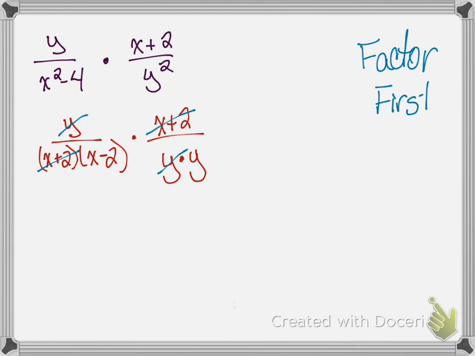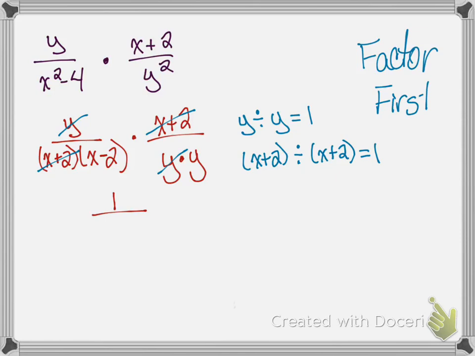But what I have done is I have actually said y divided by y, and x plus 2 divided by x plus 2. When I divide something by itself, what do I get? 1. So 1 is left in the numerator, not 0. Okay? So I have a 1 in the numerator, then I have x minus 2 times y.